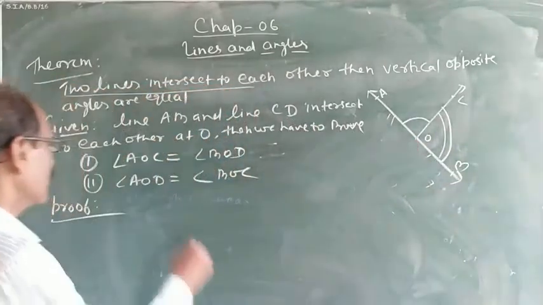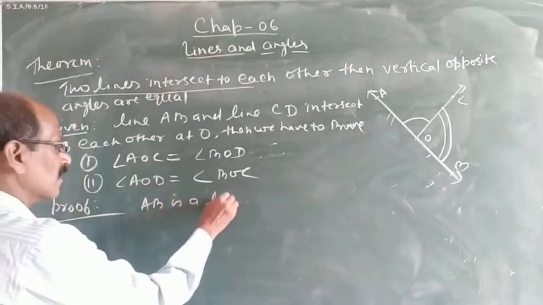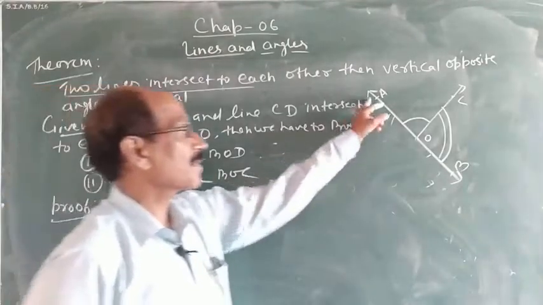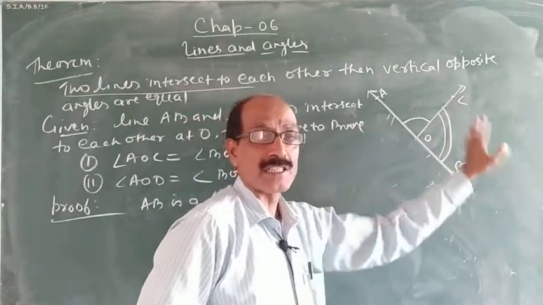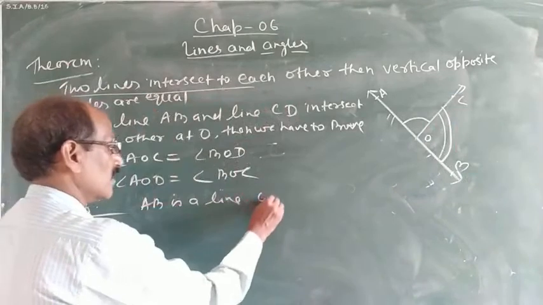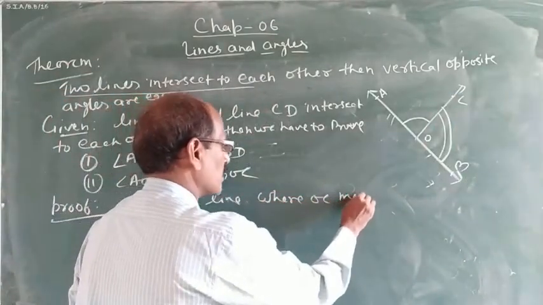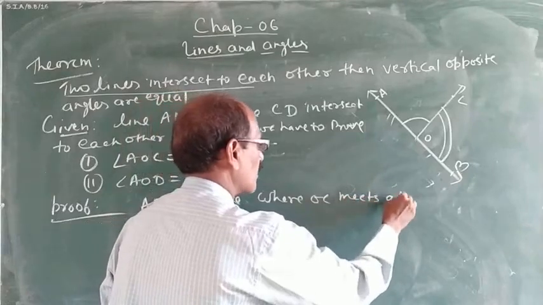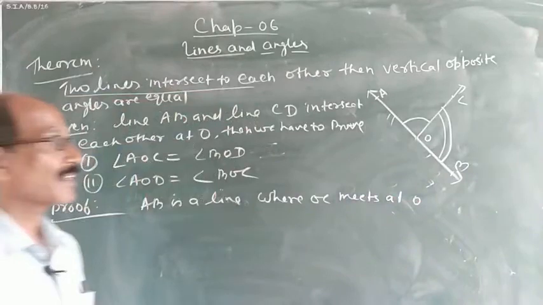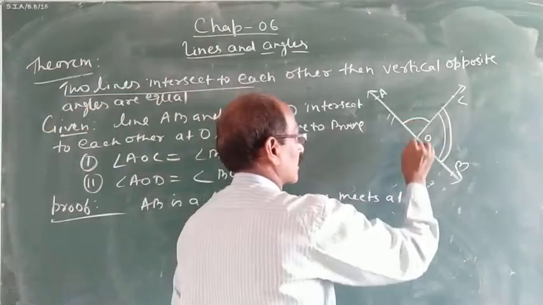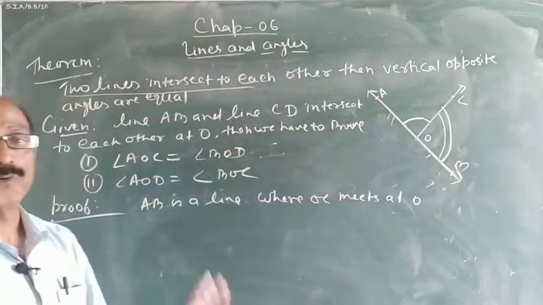So we can write AB is a line where OC meets at O. Then the sum of the two angles is equal to 180 degrees.